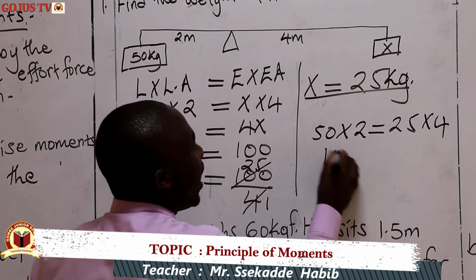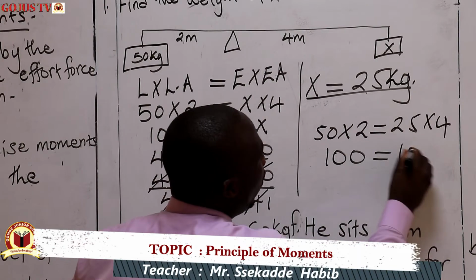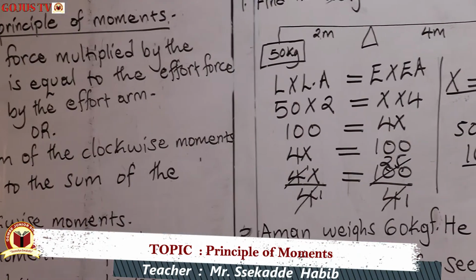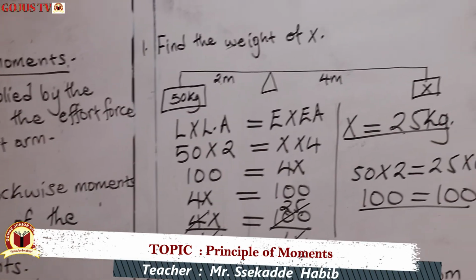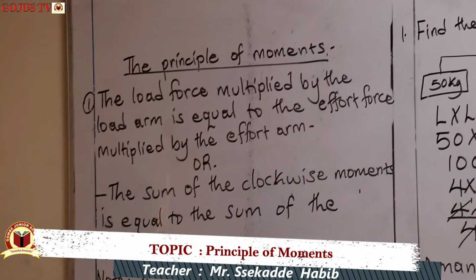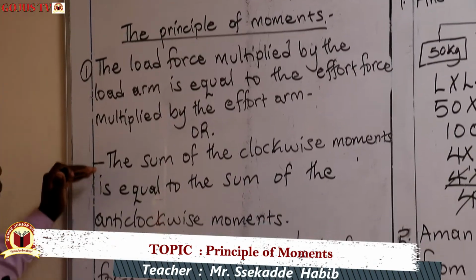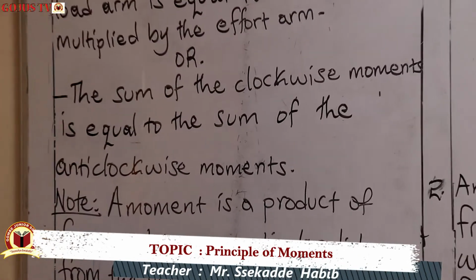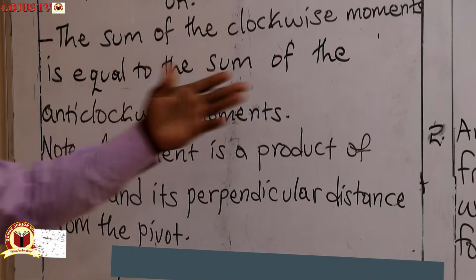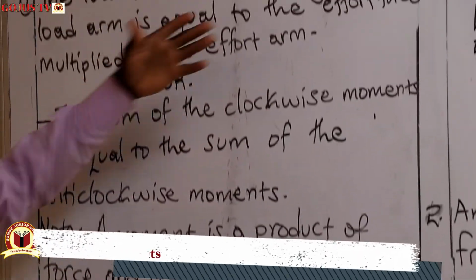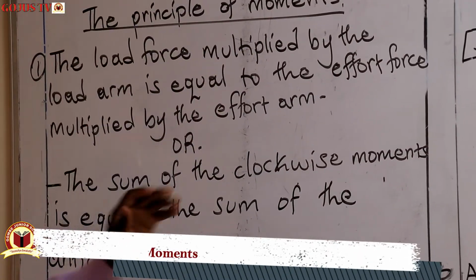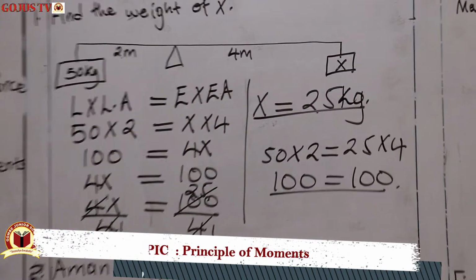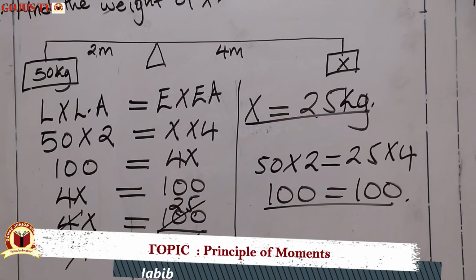So this is 100, and this is also 100. This proves what we have just learned about the principle of moments. The sum of the clockwise moments is equal to the sum of the anti-clockwise moments. Or when we multiply the load force by the load arm, we get an answer equal to the effort force multiplied by the effort arm.